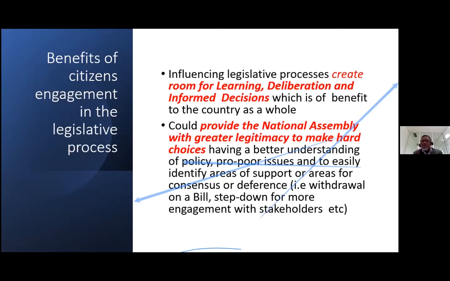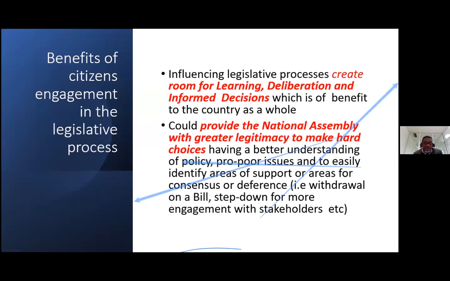They rely on what non-state actors bring to the table. But the flip side is also the same. Civil society, no matter how deep we are in what we do, doesn't have an all-embracing knowledge of what happens everywhere. There are certain perspectives that you cannot see, except you stand in the position of someone in government or within the legislative arm of government.